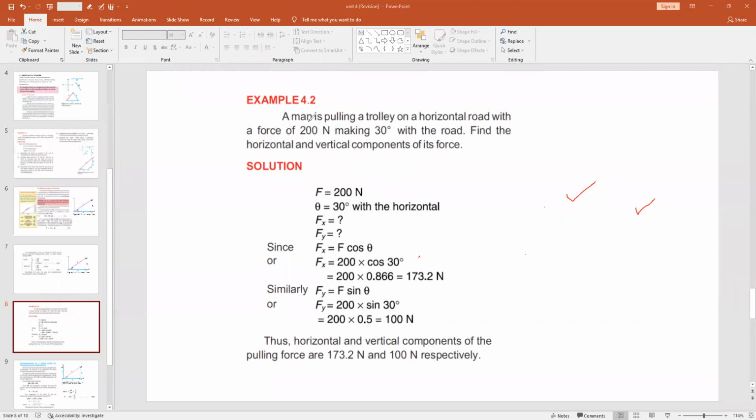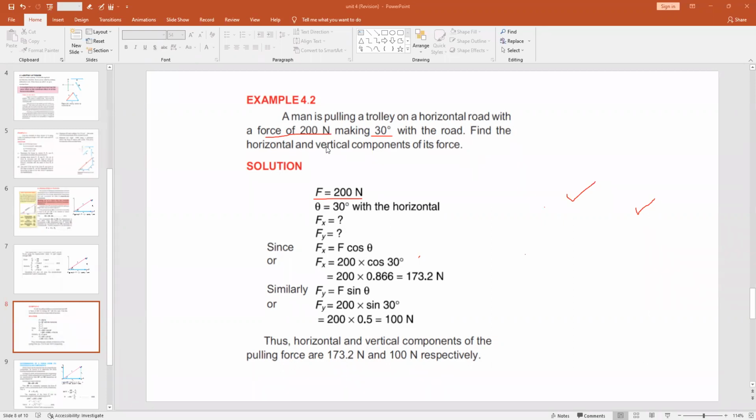A man is pulling a trolley on a horizontal road with a force of 200 Newton. So the force is given to us, that is equal to 200 Newton. It makes a 30-degree angle with the road, so theta is equal to 30 degrees.